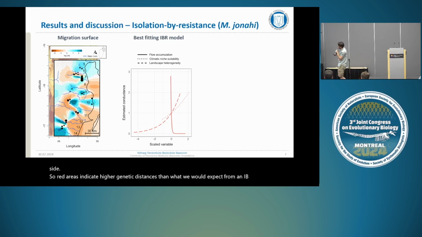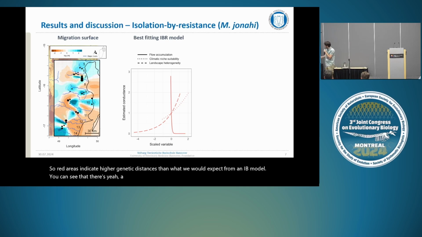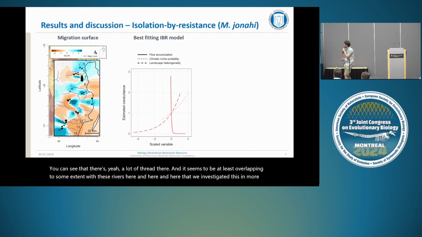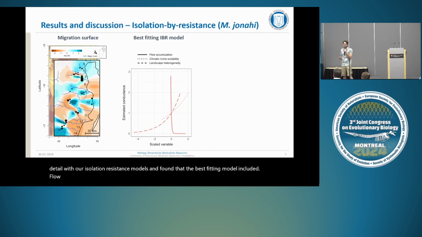You can see that there's a lot of red there, and it seems to be at least overlapping to some extent with these rivers here and here and here. But we investigated this in more detail with our isolation by resistance models and found that the best fitting model included flow accumulation, climatic niche suitability, and then topographic heterogeneity as predictors. And this is what you see in the diagram.